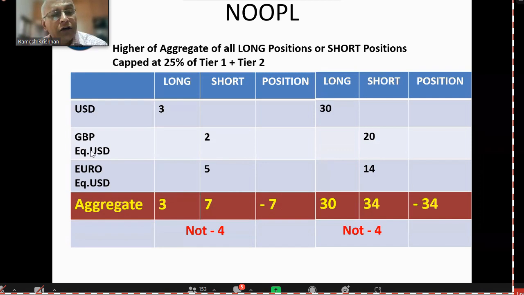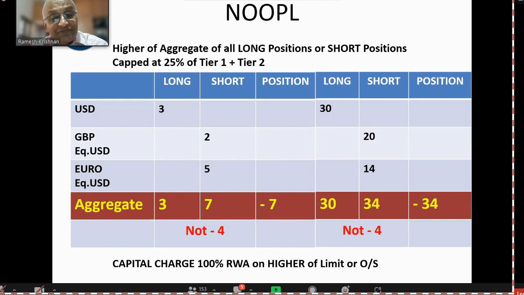And if the pound or euro were going to go up price-wise, they will have to buy it back at a higher price. So they stand to lose. First bank on the left side will stand to lose on only 7 million. Second bank will lose on 34 million. Though numerically, both of them have a net of only -4 between their long and short. This is the reason.